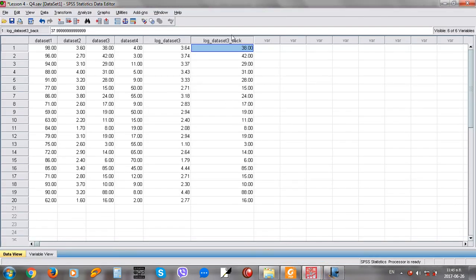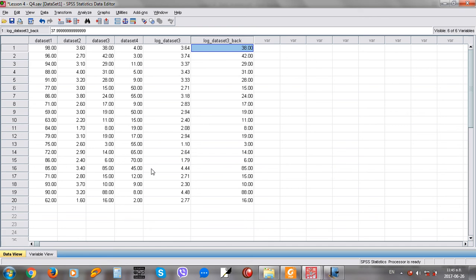You see, log data back. If that is correct, we take the log data set back and get the original values. Yes, we can get the original values. This is a simple data set. Sometimes when we are doing computation, after log transformation it does not come back as the original values.